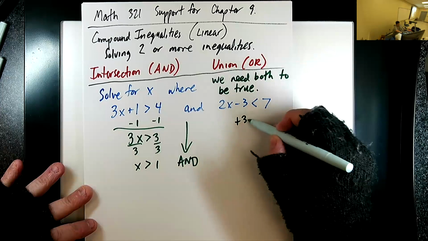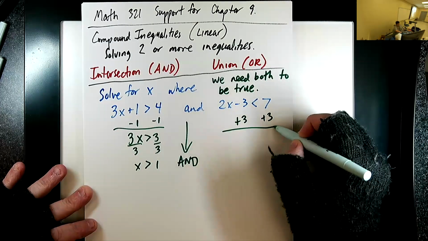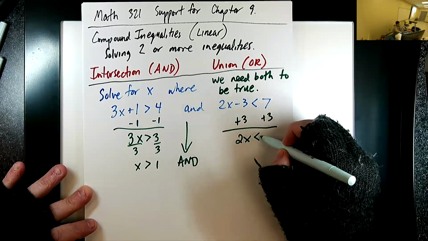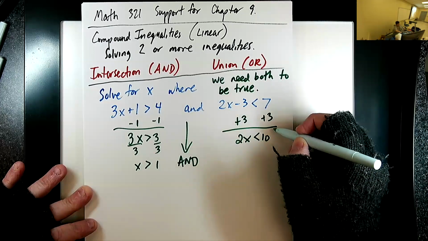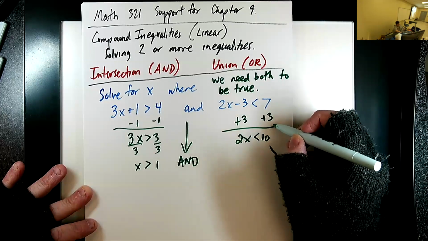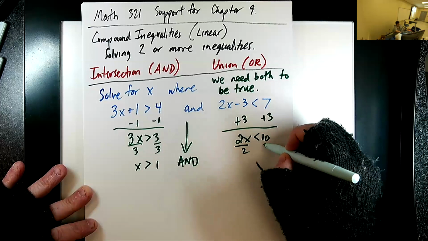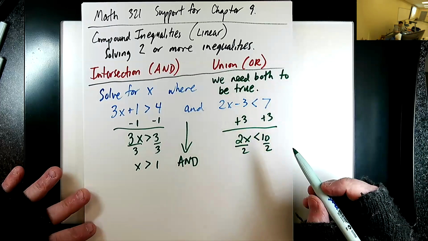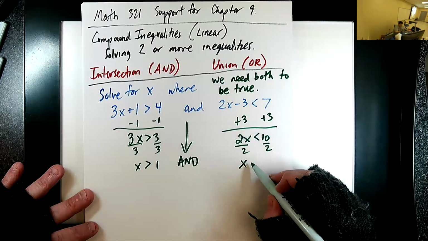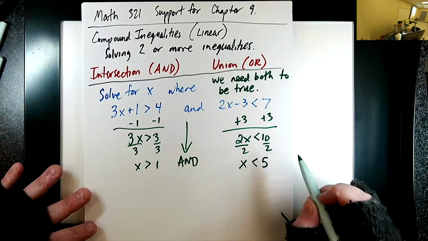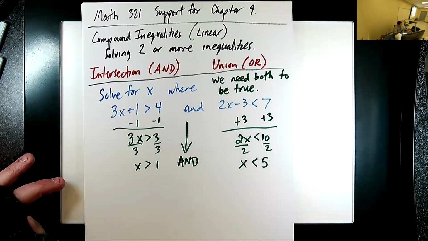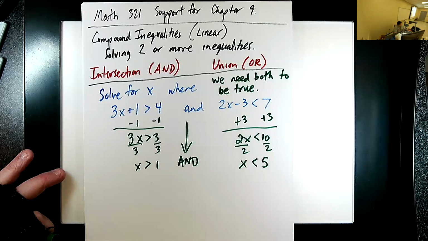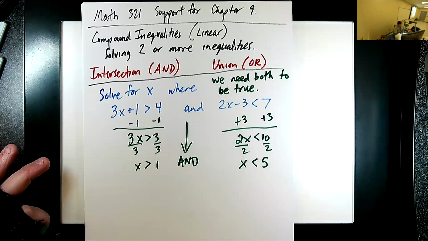I'm going to add 3 to both sides, and we get 2x is less than 10. Divide by 2, and I get x is less than 5. Okay.